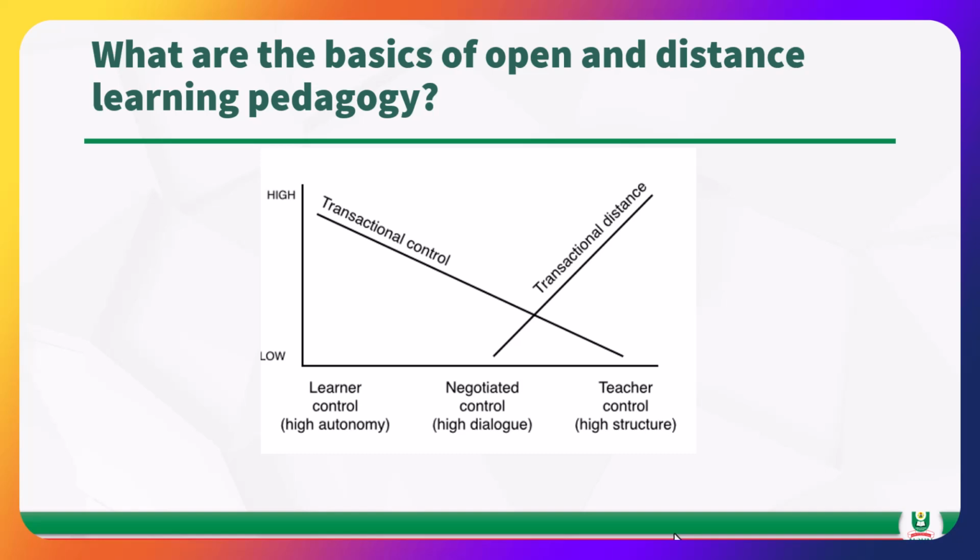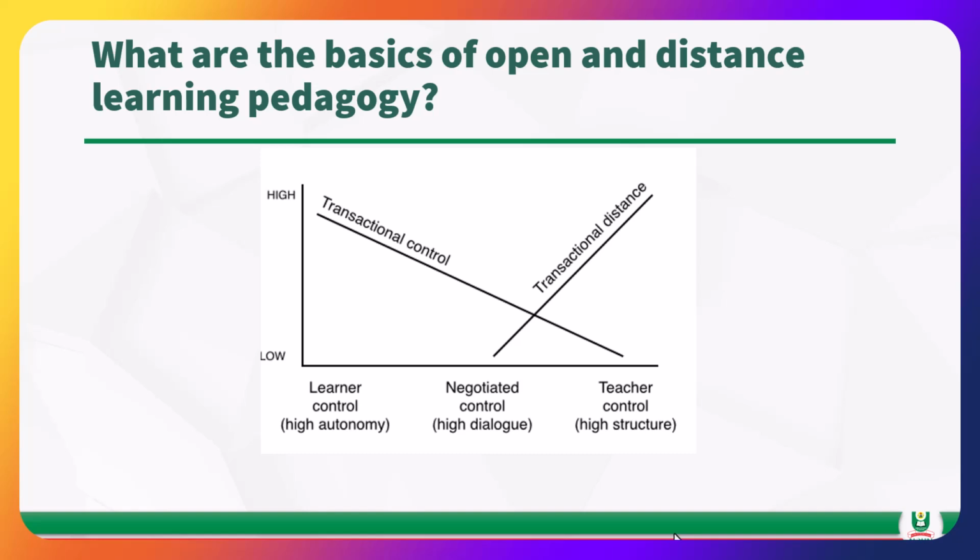The physical distance could come in the geographical factor, it could be in the space or time. But the transactional distance deals with the psychological part and the communication that the learner will normally have with the facilitators, with the content, and with the co-learners.